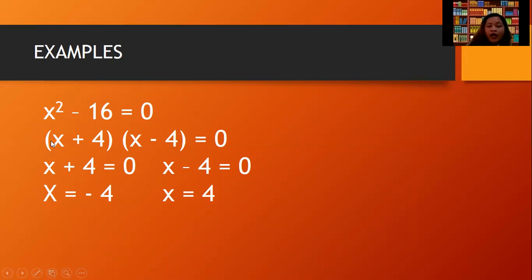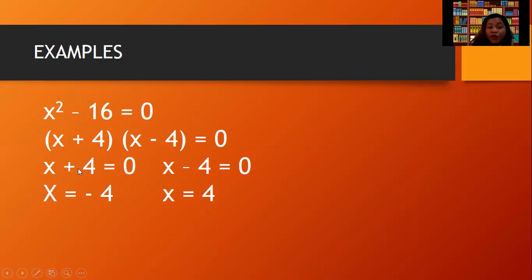So our answer is just two binomials. Put the square root of x squared in the first term of each binomial. Since it is minus, a difference of squares, the binomial product is a sum and a difference, so plus or minus. Then you get the square root of 16, which is 4, so x plus 4 and x minus 4.